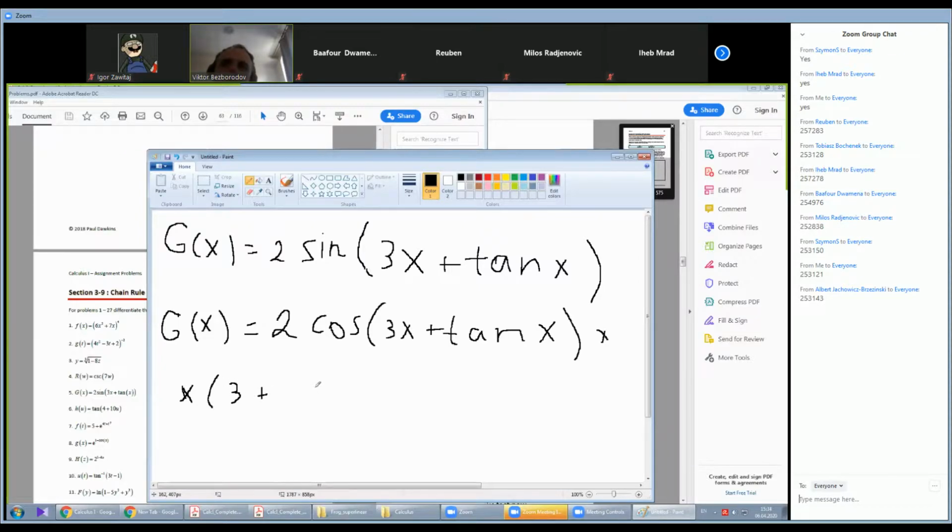plus the derivative of tangent, and the derivative of tangent, I believe, is going to be 1 over cosine squared x, right? Actually, I don't remember the derivative of tangent, but of course the easiest way to find it is just to consider it as a quotient of sine over cosine.